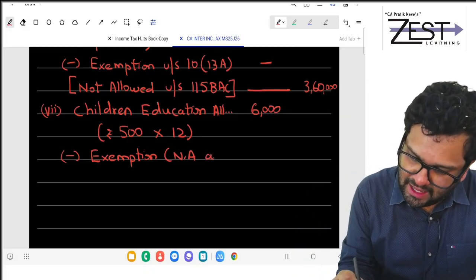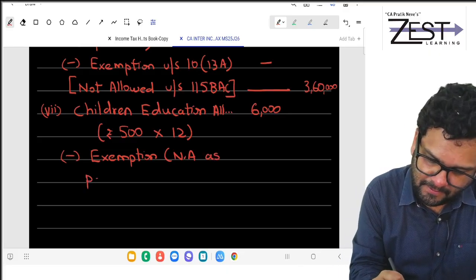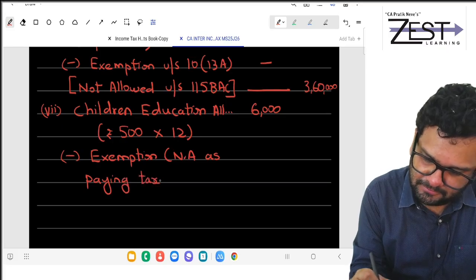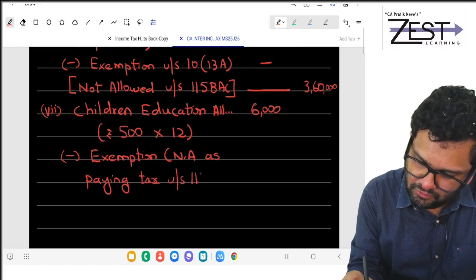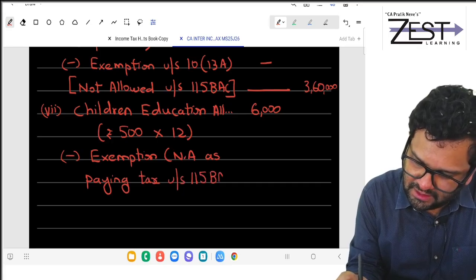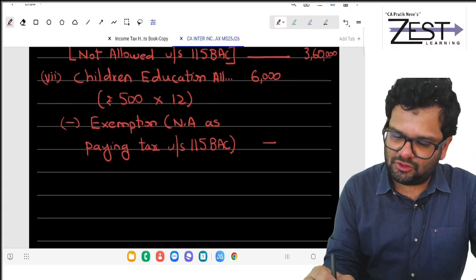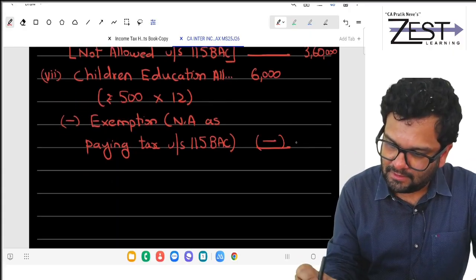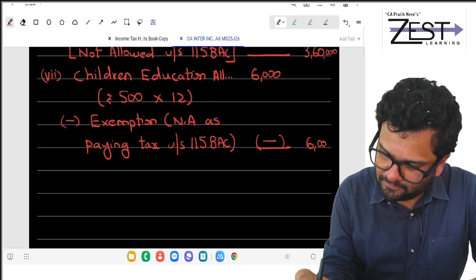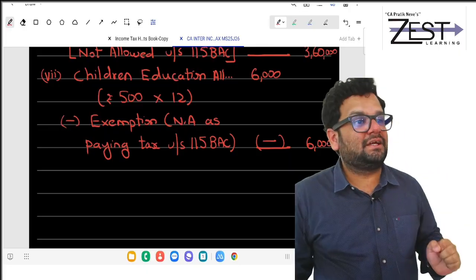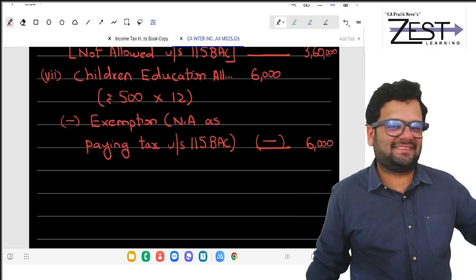Not applicable as paying tax under section 115 BAC, dash. So how much will become taxable? 6,000. That's the entire problem. Everything gets taxed.